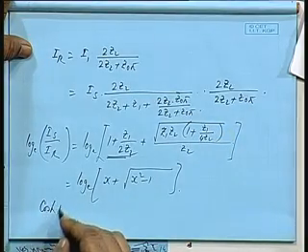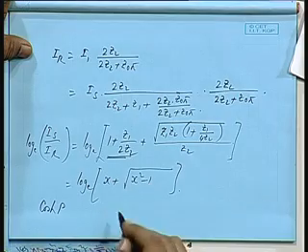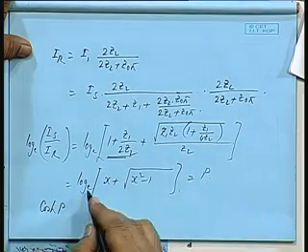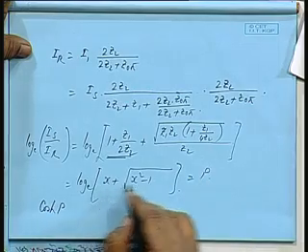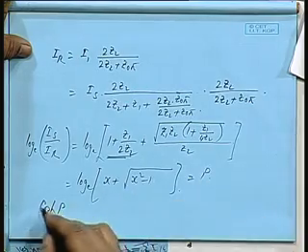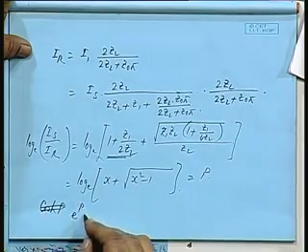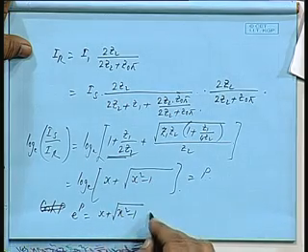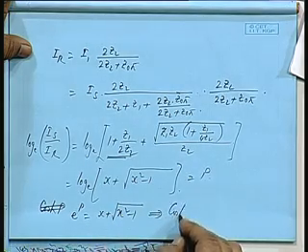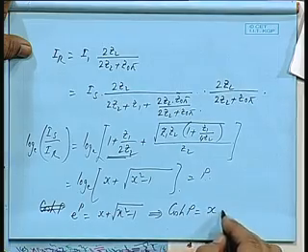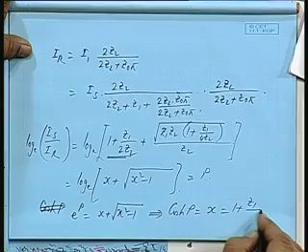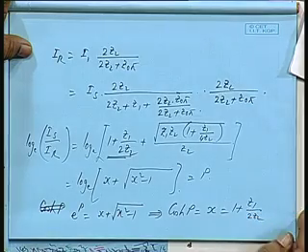cos p. If you take the exponential of that, that gives me this is equal to p. So, if you take e to the power p is so much, all right, e to the power p is x plus root over of x square minus 1, whence we get cos p is equal to x, and x is this quantity 1 plus Z 1 by twice Z 2.